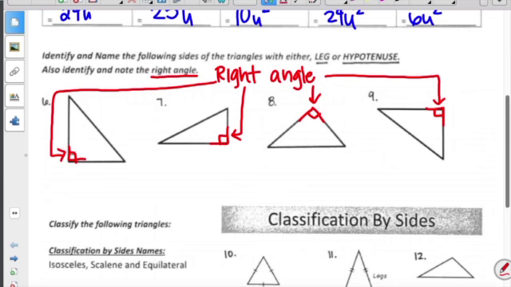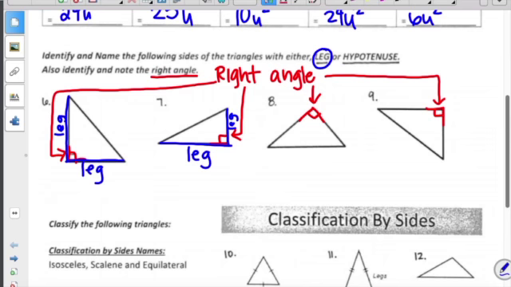Okay, now we're going to do leg. So the legs are the two sides that make up the right angle. So on number 6, that would be a leg, and that would be a leg. So we're just going to write leg and leg. For number 7, again, we find our right angle, and we do our two sides that make up the right angle, and we label them leg and leg.